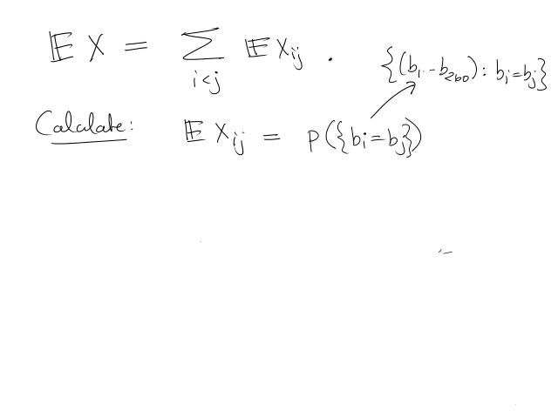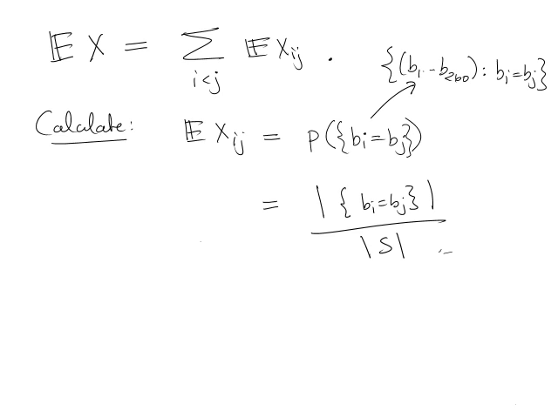Again, all birthdays are equally likely, right? So all I need to do is count the number of points in the sample space where bi equals bj and divide it by the total number of points in the sample space. Okay, so I need the cardinality of this set, bi equals bj, divided by the cardinality of S.